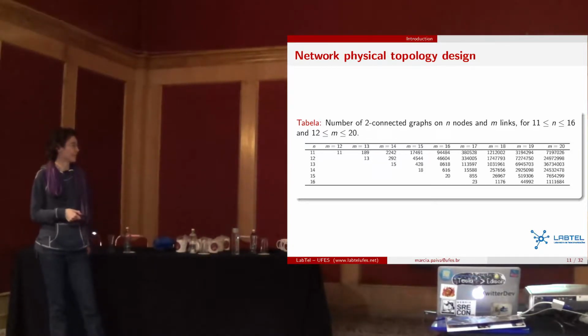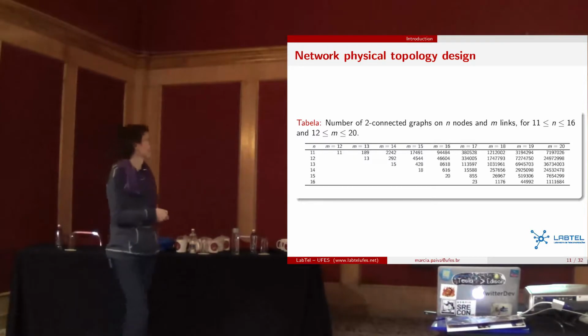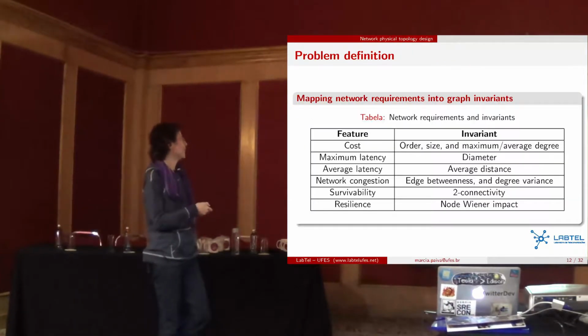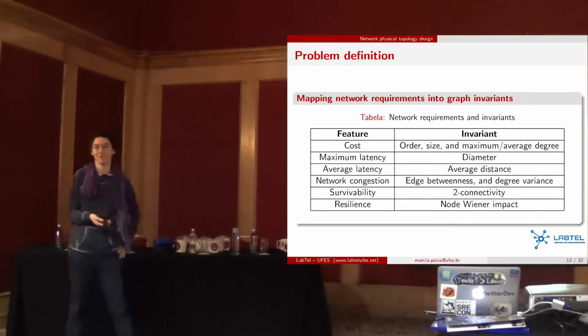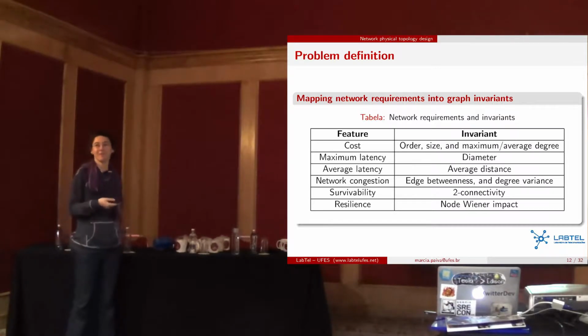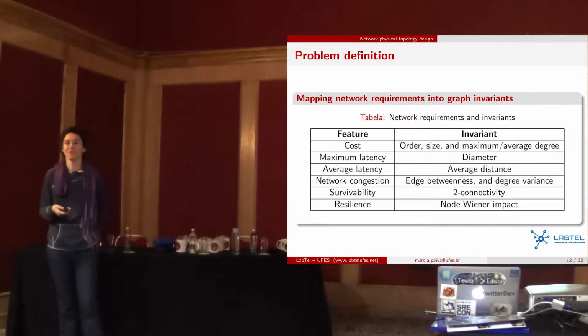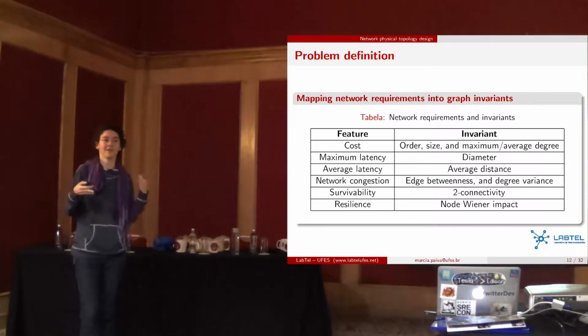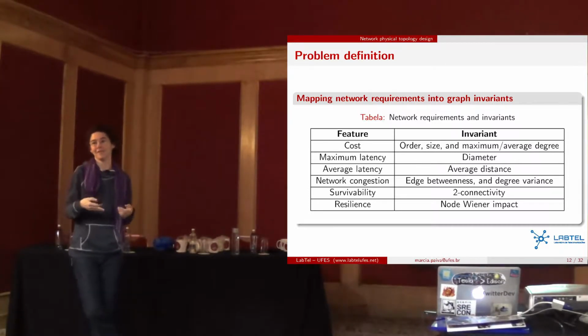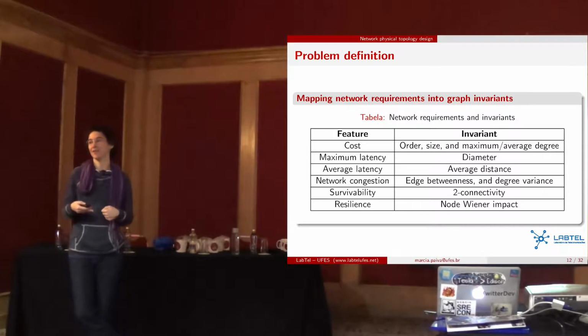And this number also increases very quickly. So this is the motivation to design network topologies using graph theory, so you can do some kind of filter using the requirements that your network has.